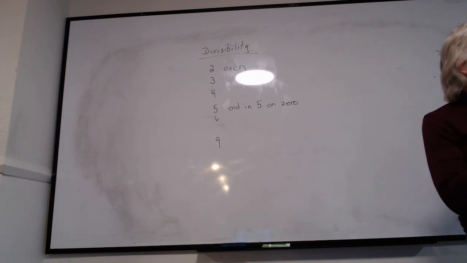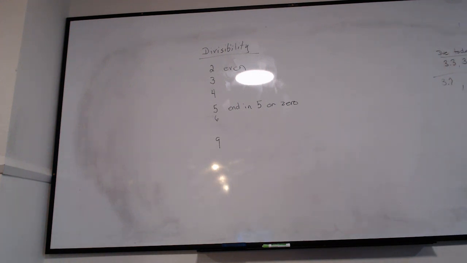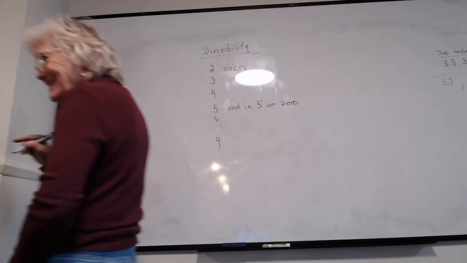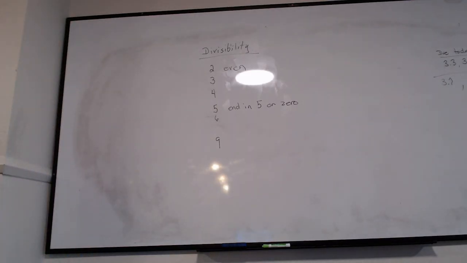Does anybody else know a different way? Jonathan? It always will divide by 3, like 9, 6, and 3. No, not necessarily. Anybody else try? Don't you divide it or something? Well, you could divide it, that would tell you, yes.